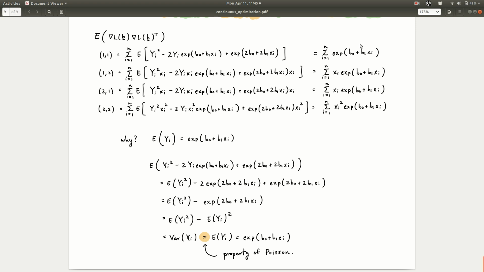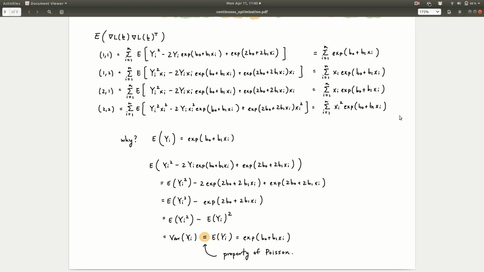So in deriving this right-hand side, I'm just applying these few operations, and I find that this thing is equal to this thing. And then the other ones are just xi times the same thing, xi times the same thing, and xi squared times the same thing. So that's how you get the entries of the 2x2 matrix for the Fisher information.